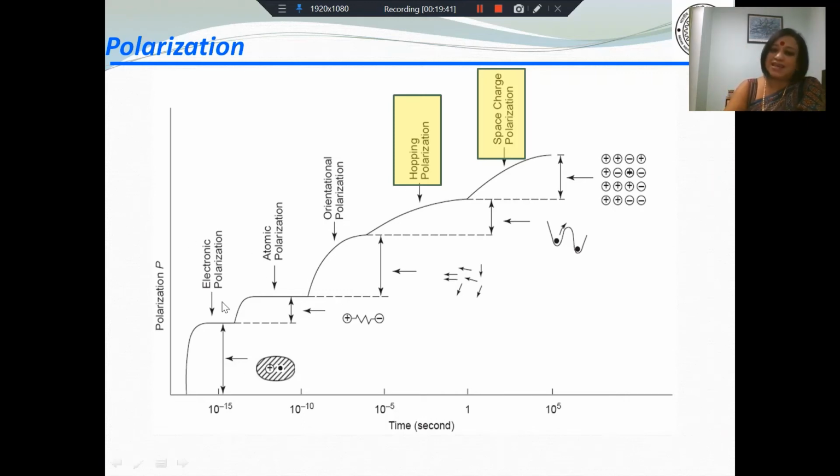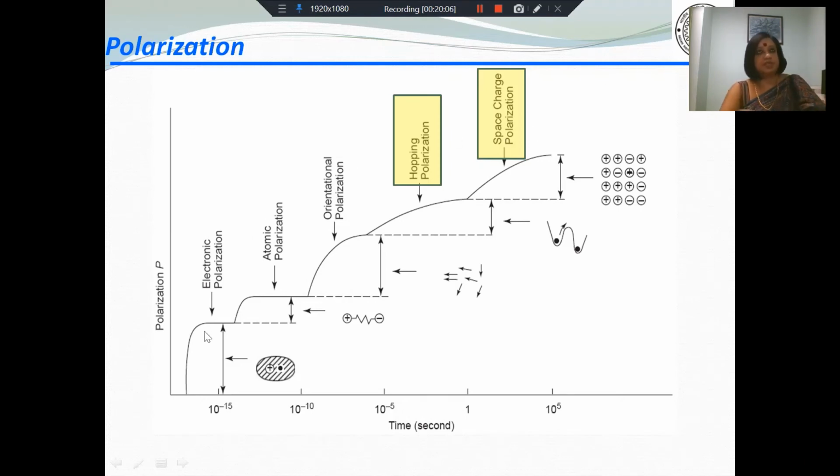So you will see that this epsilon, the permittivity that you measure at this frequency, will be very small. Now, as we increase the frequency, more and more polarization processes have time to complete. So at low frequencies, the permittivity of the material will increase rapidly. And therefore, the permittivity that you will measure will be much higher and very different from the permittivity that is measured at high frequency.